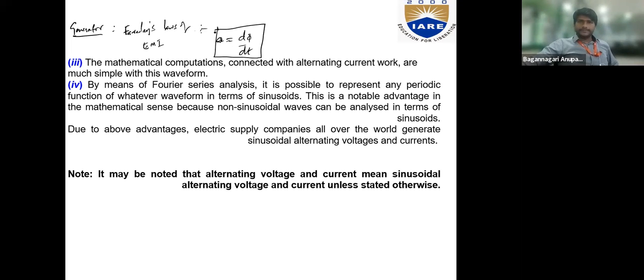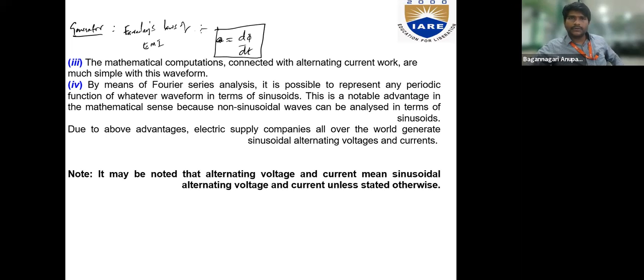Whenever a conductor cuts a magnetic flux, an EMF will be induced in such a conductor. Or you can also state it the other way, that whenever flux cuts a conductor, an EMF will be induced, and such induced EMF is proportional to d phi by dt. These are the two statements or two laws given by Faraday regarding the EMF induced in any conductor.